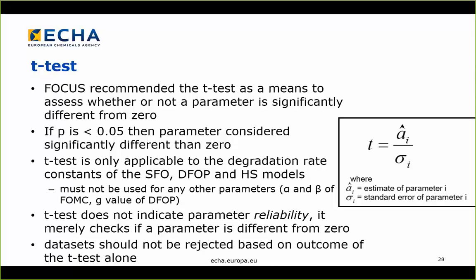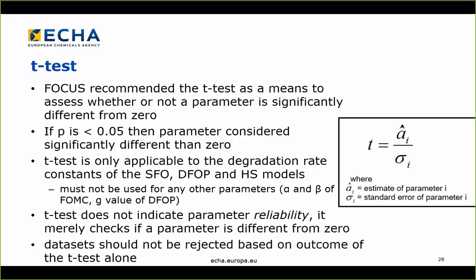Okay, and the reason I say don't reject it based on the t-test is because if you have, say, a large number of studies, say you've studied degradation in 4 soils, the soils where degradation is slowest will be the ones that are most likely to fail the t-test, okay, because that's where degradation rate is lowest.